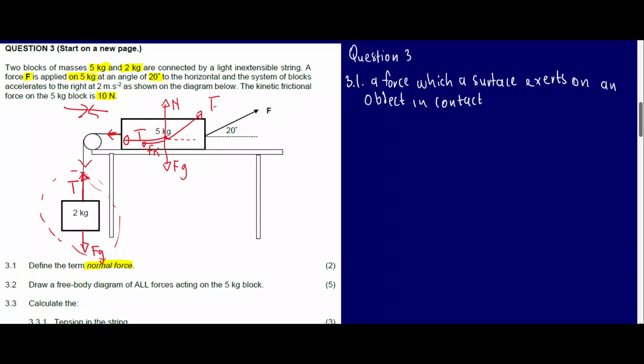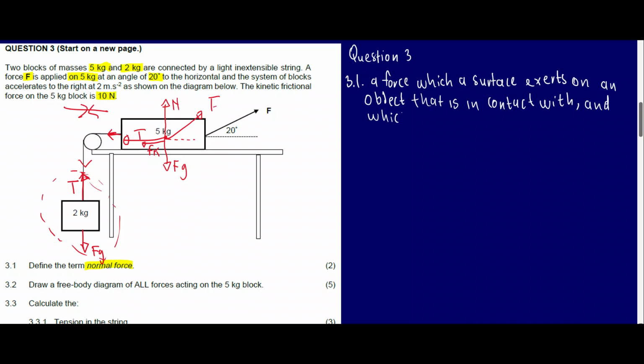On an object in contact, consider that it's in contact with a surface.